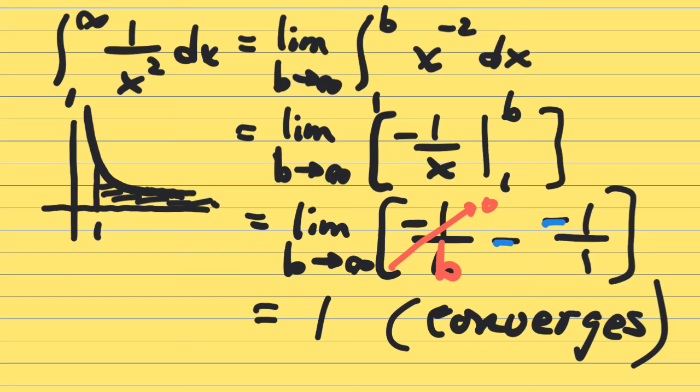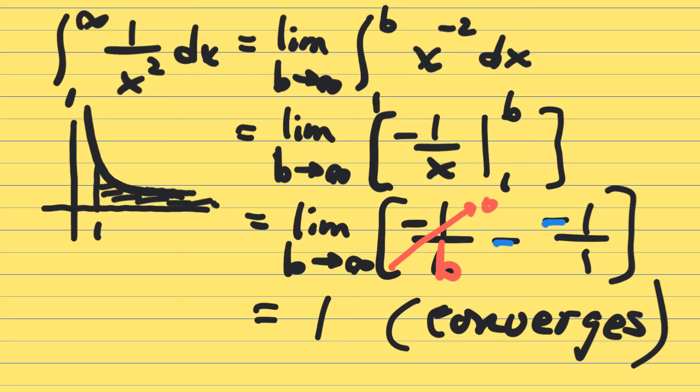And as long as that power is greater than 1, like on this example, we had an original power of 2, it converged. If that's a 1 over x cubed, it's going to converge. Anything less than 1, like 1 over square root of x, 1 over cube root of x, if your integral is going from 1 to infinity, they're going to be divergent.